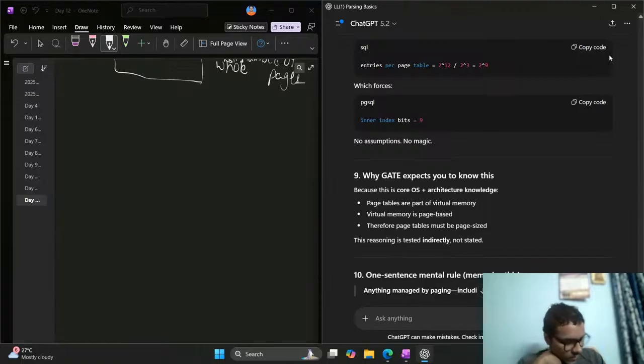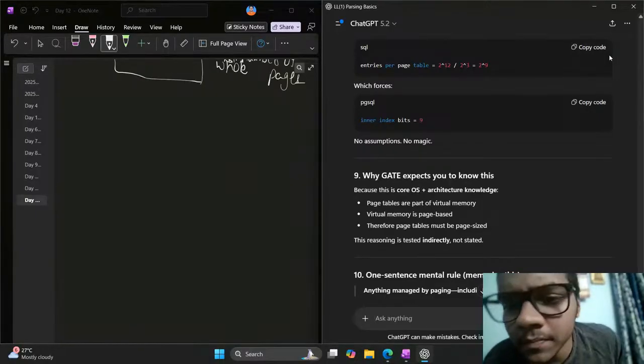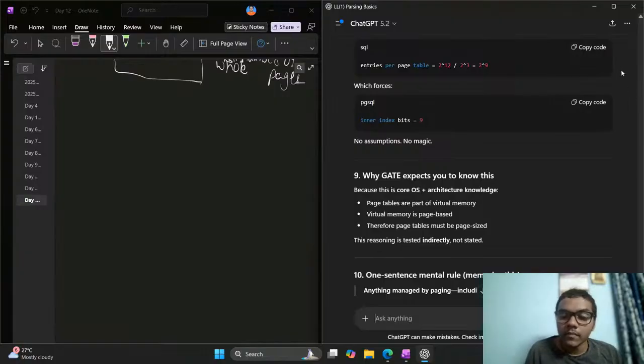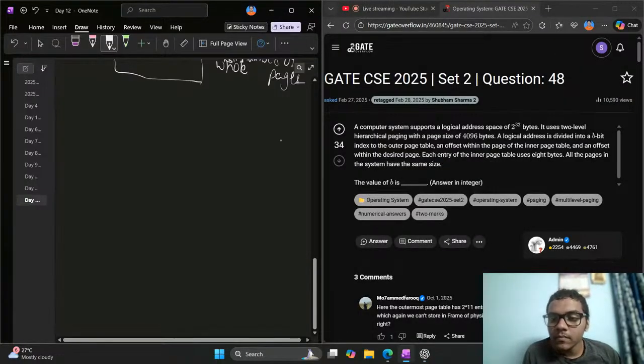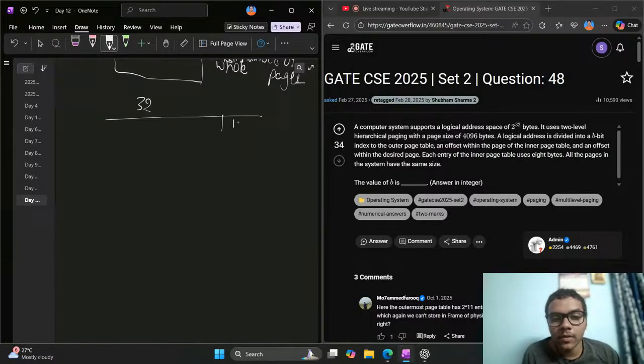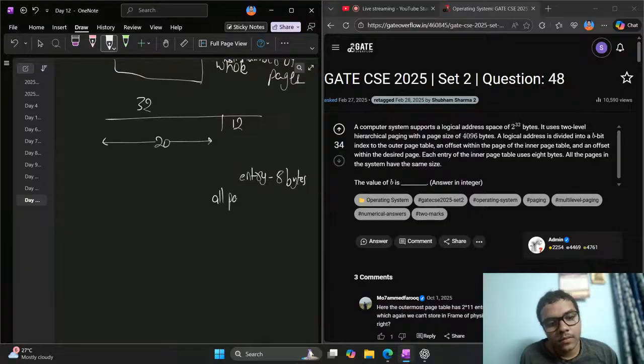Okay. So 32-bit, you understood the total length, and the page size offset is 12, you understood that one, and this length is 20. So from that, the entry is 8 bytes. All pages are the same size.